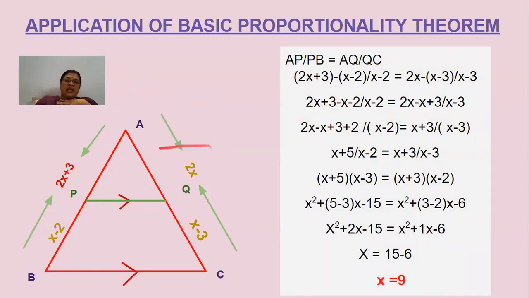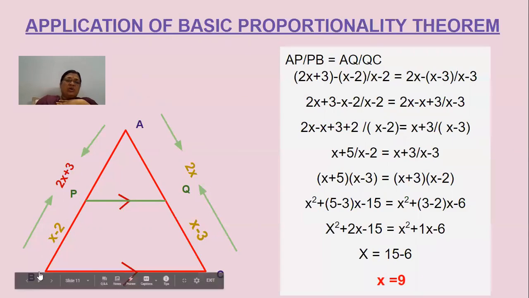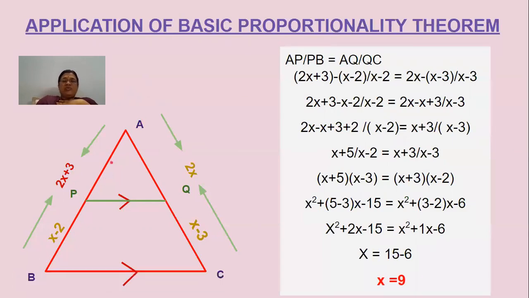So what they have given, we don't know the value of AP here. We don't know the value of AP, but we know the value of AB. So how will you find the value of AP? Very easy. You can subtract PB from AB, and you will get AP.